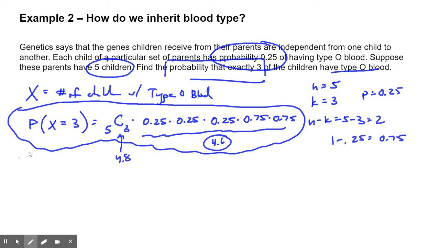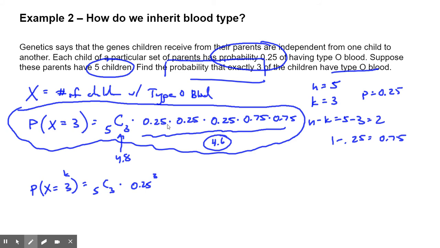Right? So now our formula says this. The probability of x equals k, and k is 3, is equal to n choose k. So we know that's 5 choose 3 times p, the probability of a success, to the number of successes power 3.